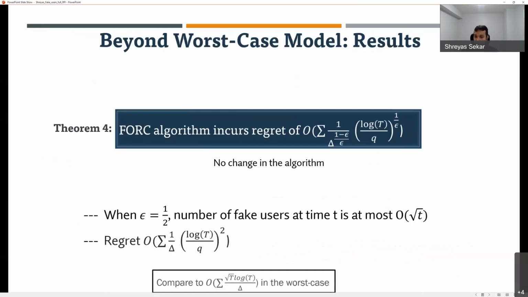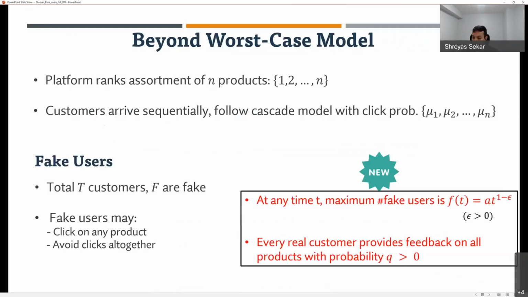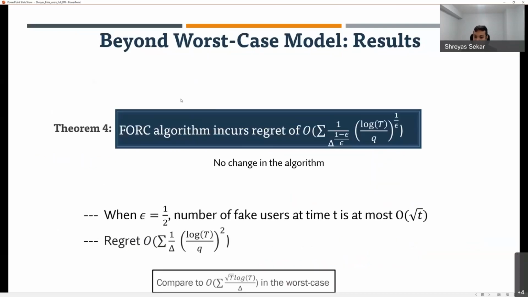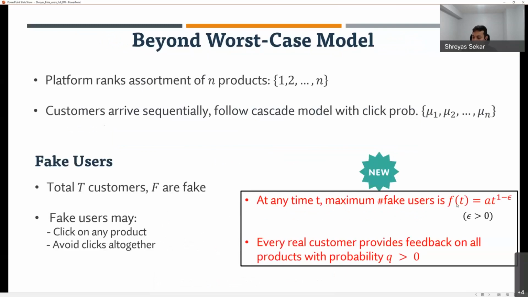In particular, what we show is that the same fork algorithm that we saw previously, which had a regret of f multiplied by log t, can, with these two additional assumptions, give you a much better regret. To give you some intuition for what this term looks like, let's substitute epsilon equals 1/2, so that the number of fake users at any point t is going to be square root of t.